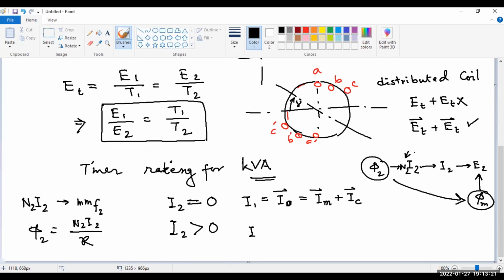Now, who is generating this E2? E2 is 4.44 f phi m N2. So what is the variable responsible for E2? That is phi m. So the root cause of phi 2 is phi m, and therefore phi 2 will try to oppose phi m.